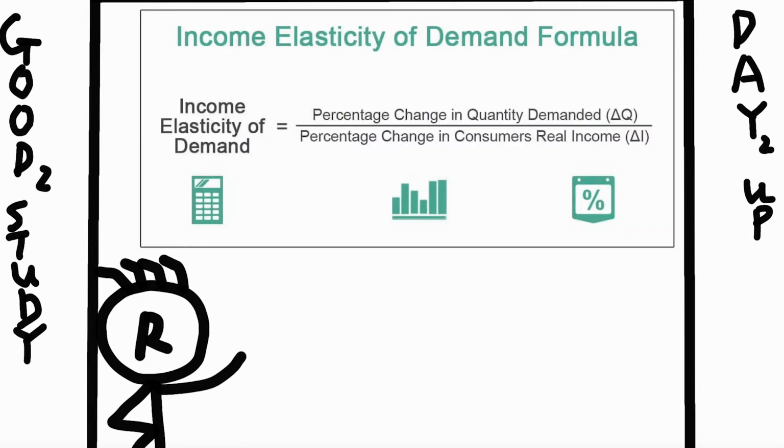So the next elasticity is called income elasticity of demand. It measures how the demand for a good changes in response to a change in income in general. So for example, an income elastic good would be luxury brands, right? If your income goes down, all of a sudden you will purchase fewer luxury goods.